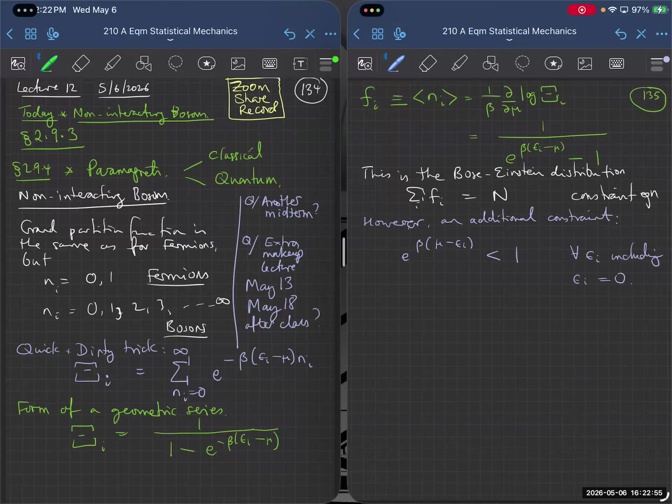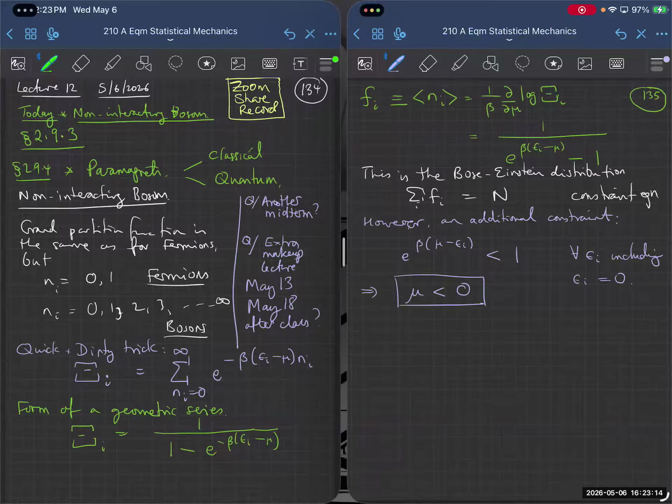So for this to be true, that means that the chemical potential must be less than 0. So the chemical potential in a Bose gas has to be negative.